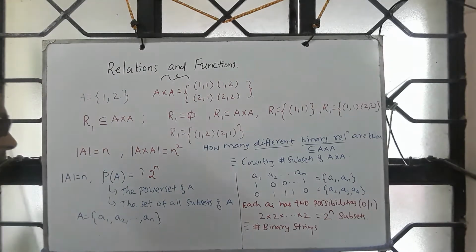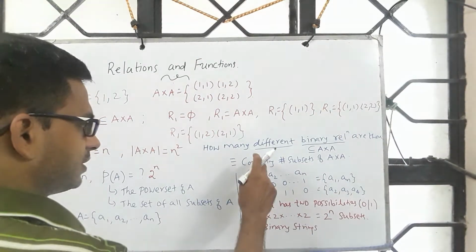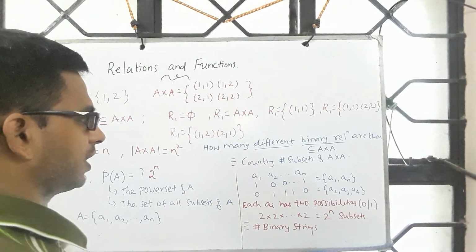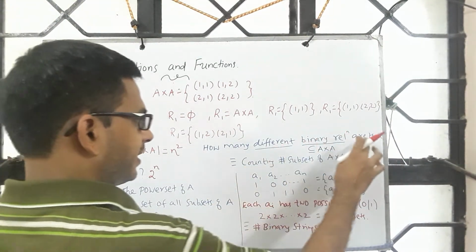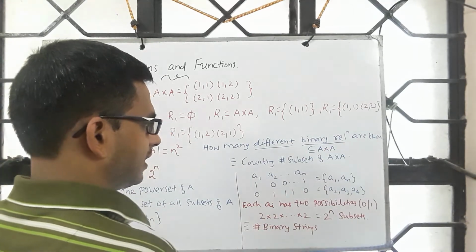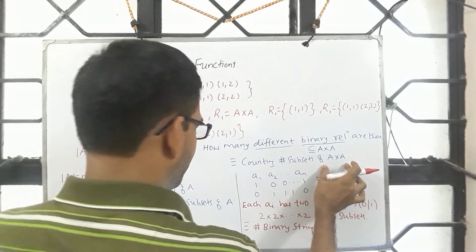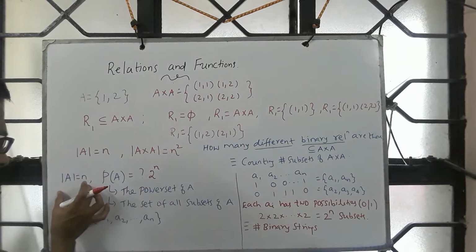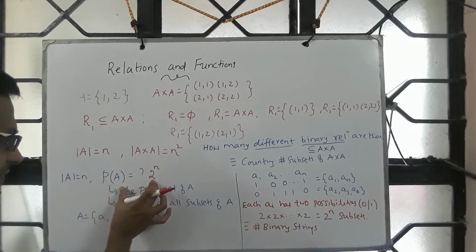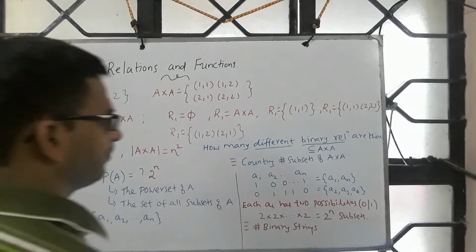Okay. Now let's go to this question. How many different binary relations are there? That is counting the number of subsets of this. If you are given a set of size n, then the power set is 2 power n.